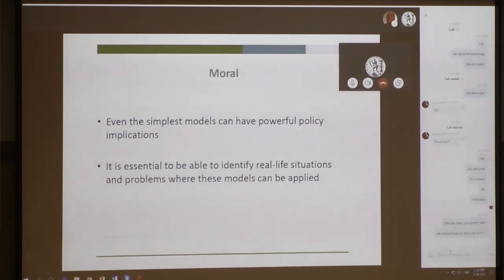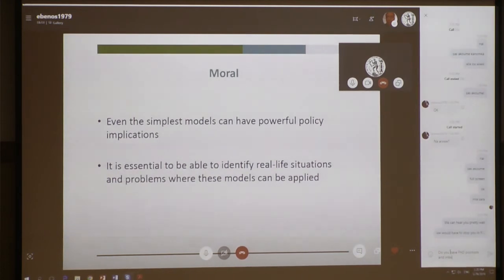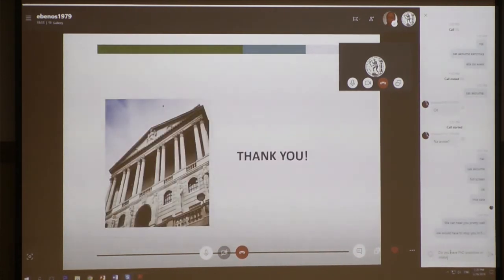In my opinion, what's often the case is that people who are very good at maths and models tend to ignore some of the applications that are out there and are craving some modeling. On the other hand, you have people who are busy with policy issues who to a large extent may ignore some of the mathematical tools that are available to solve these problems. So it's important for all of us to try and bridge this gap between actual policy and mathematical modeling. And with that, I'm going to be done.